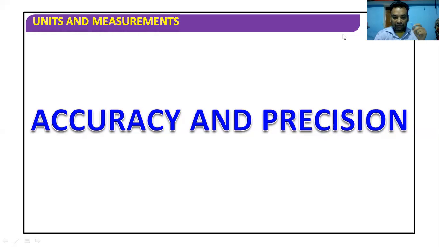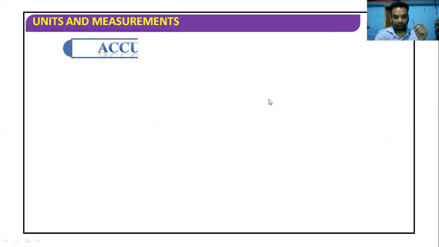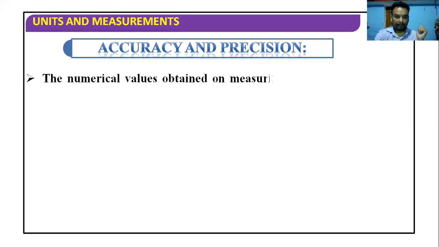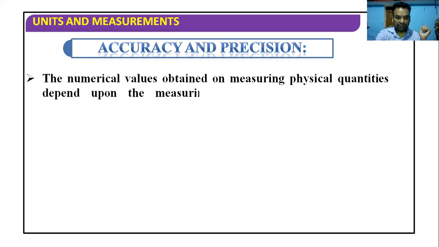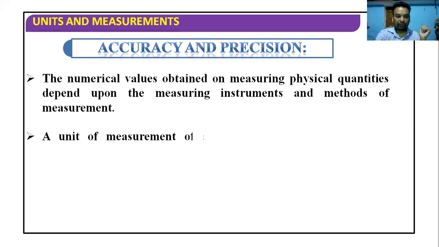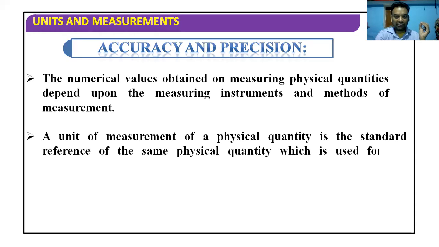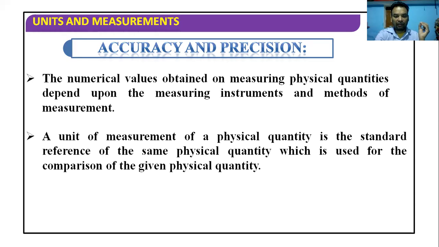So first, I take how we can define accuracy and precision. Generally people perceive these two as similar terms, but they are entirely different. Mathematically they are different terms.